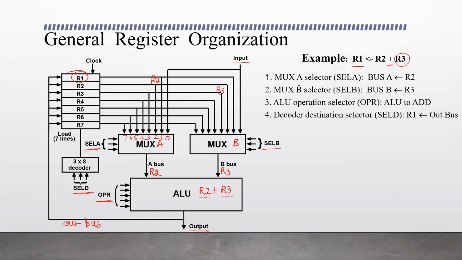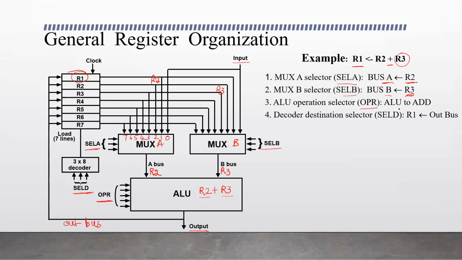So here multiplexer A selector is SEL-A. What this SEL-A does is select register R2, that is the first input, and place it in bus A. And multiplexer B selector SEL-B selects the second input to the ALU, that is register R3, and places it in the bus B. And the third step is that the ALU needs to perform the operation. So we have the ALU selector OPR for selecting the operation.